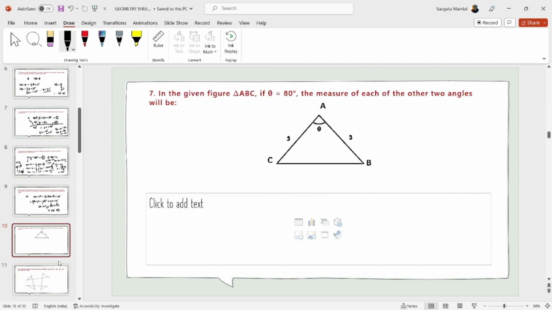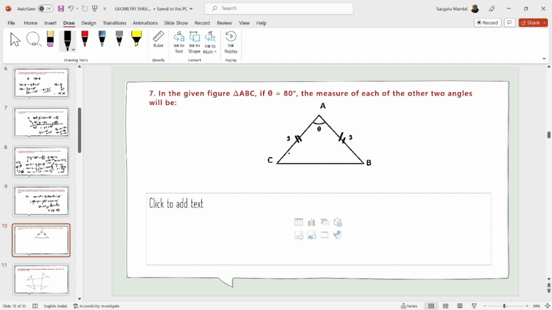Now move on to the next question. In the given figure triangle ABC, theta is equal to 80 degree. The measure of each of the other two angles will be. Here it is given that side AC is equal to side AB.